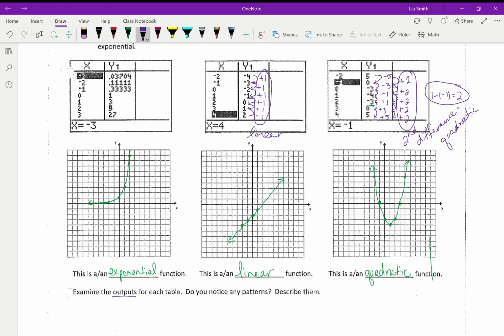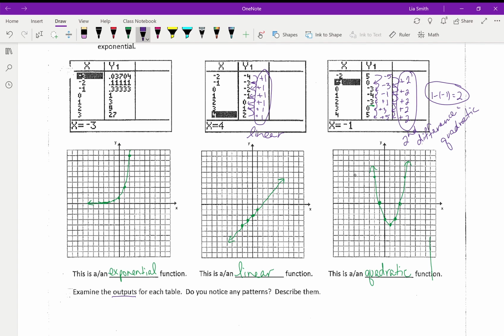Now with exponents, it doesn't matter if I actually found out what those differences are, there's going to be absolutely no pattern there. But exponential graphs have nothing to do with adding. They're all about multiplying. So let's start with our whole numbers because it's a little bit easier to see there, and then we'll go from there.